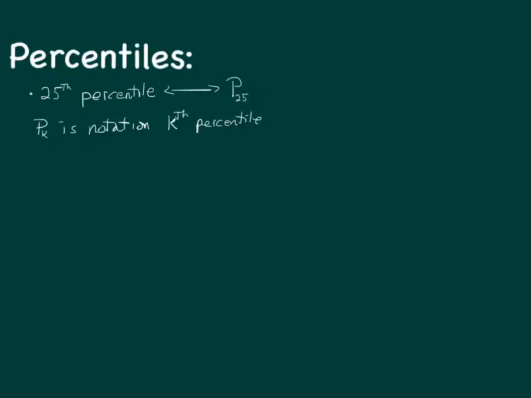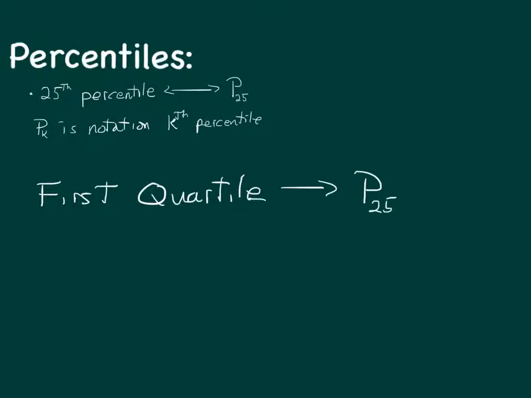Another thing I want to point out is you don't necessarily want to know all of the percentiles, but there are some that people place importance with. We call these the quartiles. So the first quartile just corresponds to the 25th percentile.